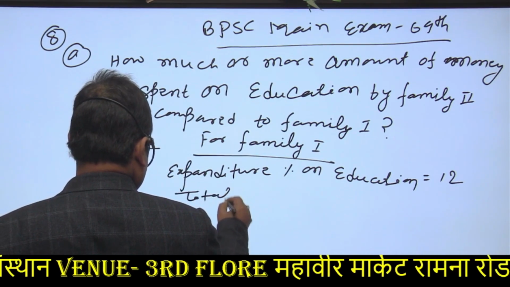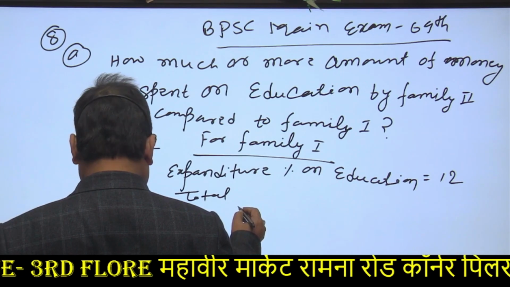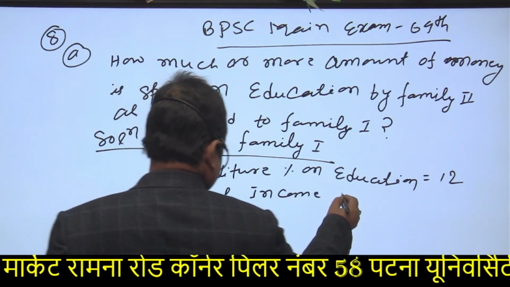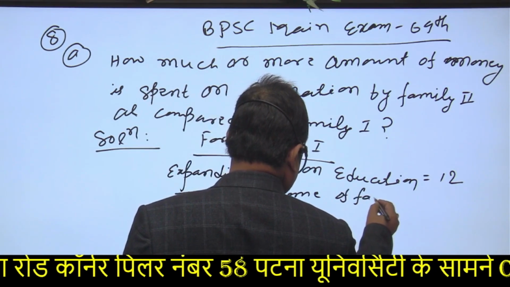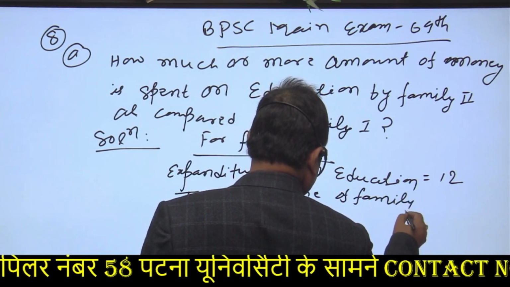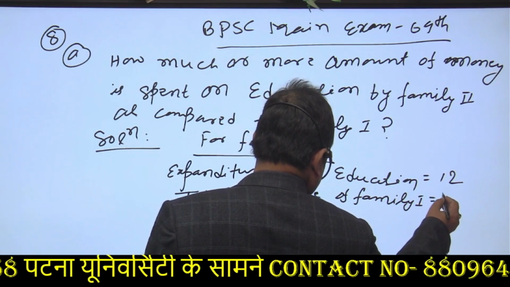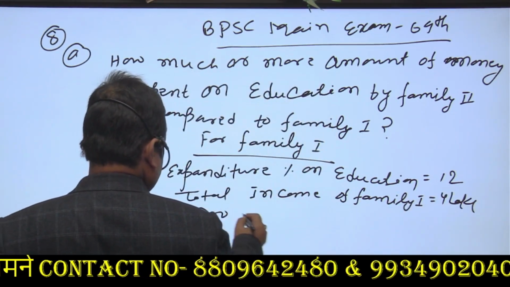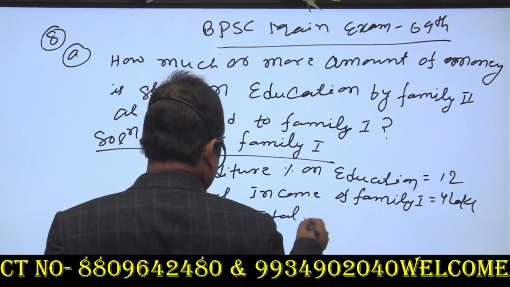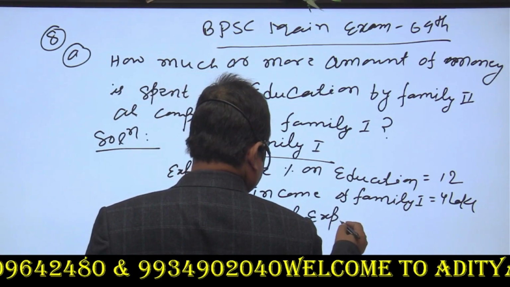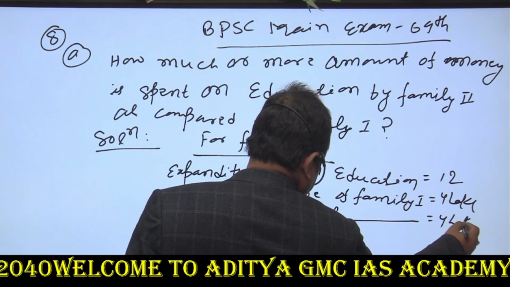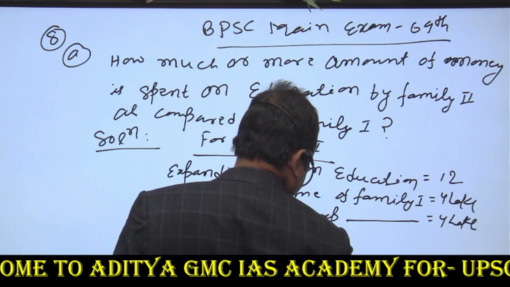Total income of family A equals to 4 lakhs. So total expenditure of family 1 is 4 lakh, income equals to expenditure.